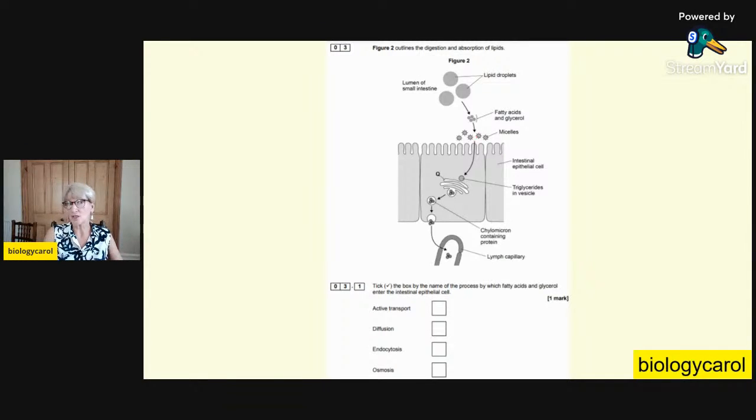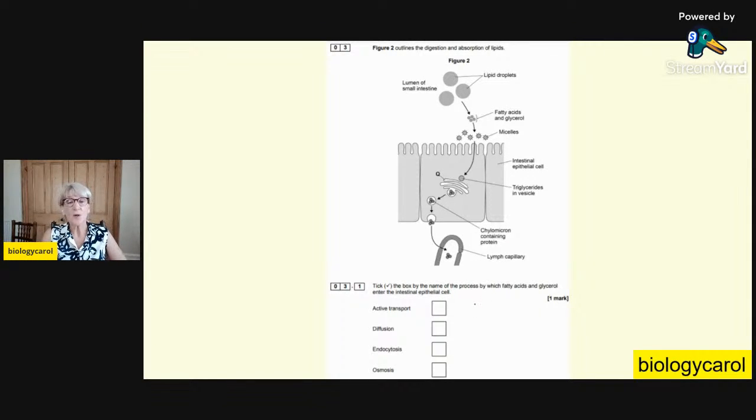They are turned into micelles, and these micelles cross the wall of the intestinal epithelial cell, and they are somehow reformed into triglycerides in a vesicle, which then goes through this organelle here, and out the other side comes a chylomicron, which contains protein. And then the contents of the chylomicron is absorbed into the lymph capillary.